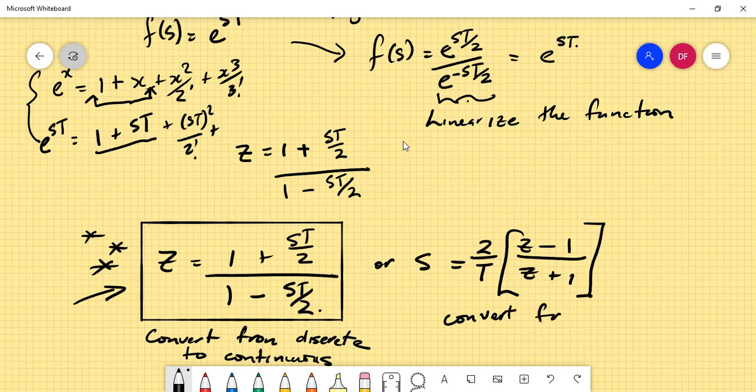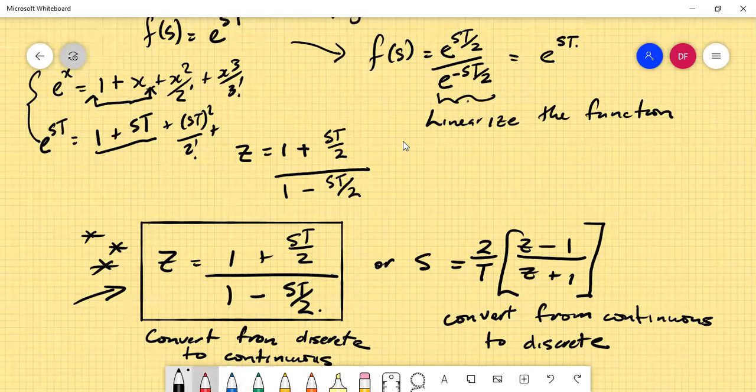Convert from continuous to discrete. So this is the other one that we're going to put in the next box. So these are the two things.